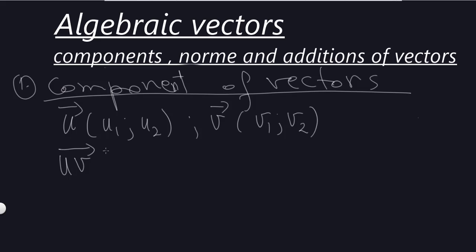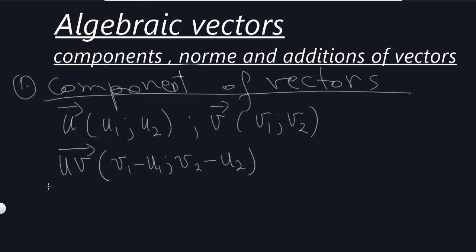Now what is very simple here, you'll take v1 minus u1 and v2 minus u2. So this is the component of vectors.